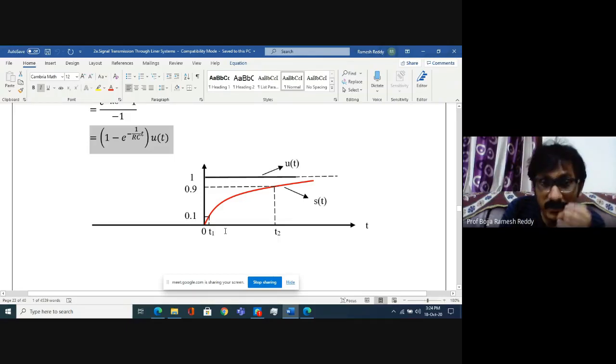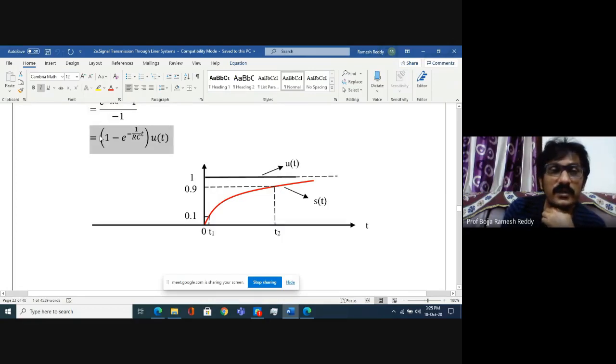How much time is required for the response to reach 10% of maximum value to 90% of maximum value? Maximum value is one only. 10% means 0.1, 0.1 to 0.9. Whatever time required is called rise time. It is the difference between T2 minus T1.